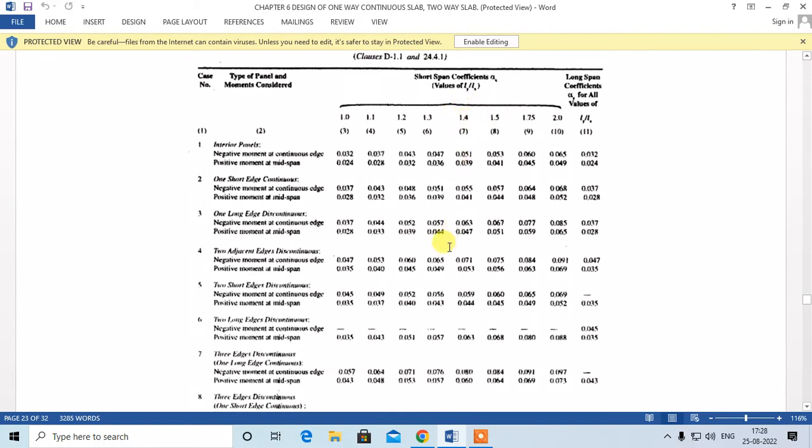So you will have to do interpolation of these two for finding alpha x negative and alpha x positive, right? Alpha x negative and alpha x positive can be found by doing the interpolation, because 1.428 will fall between these two. This will directly give you alpha y negative and alpha y positive, right?